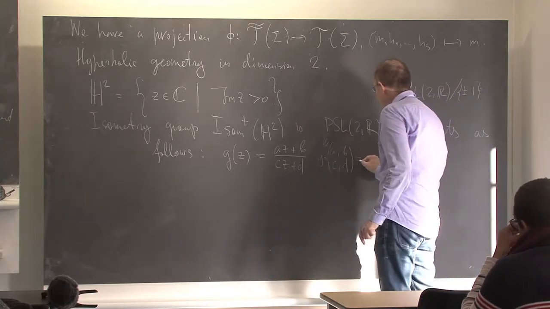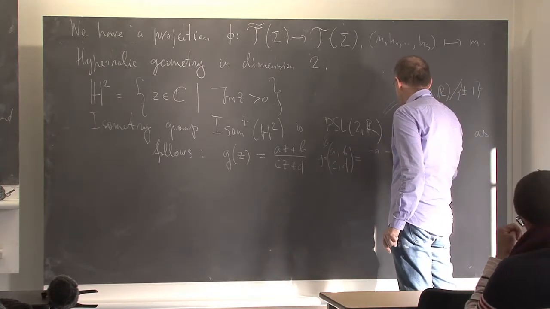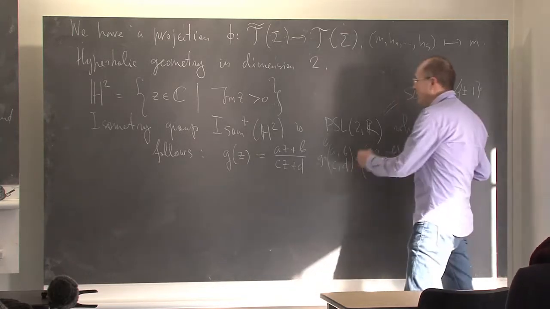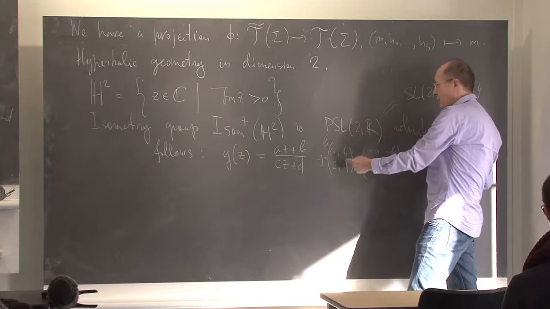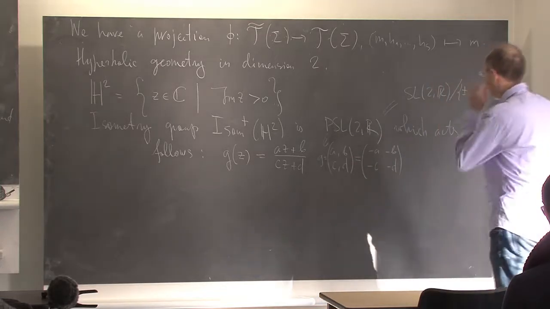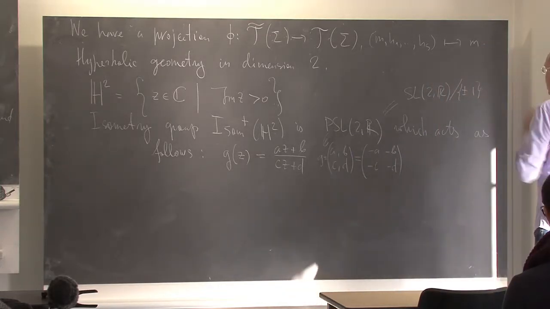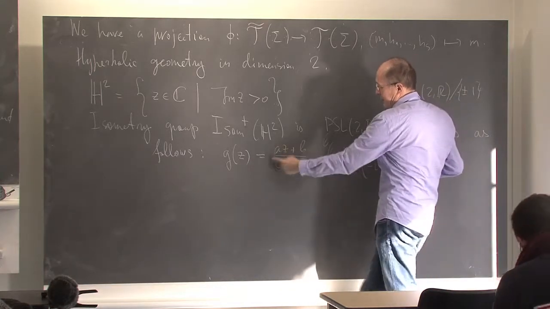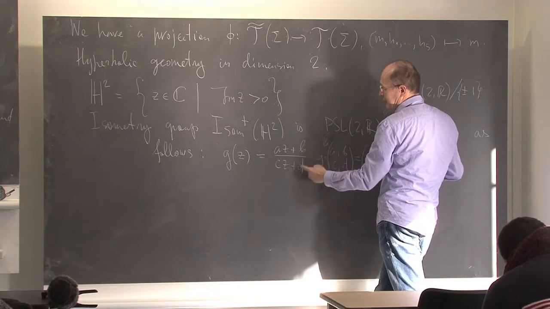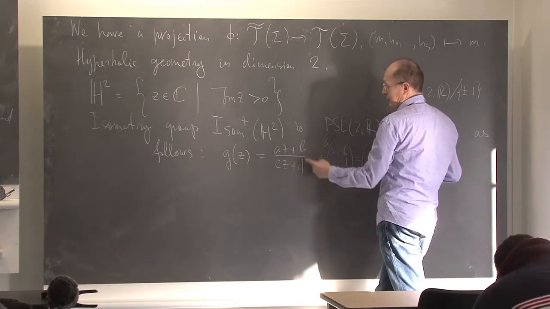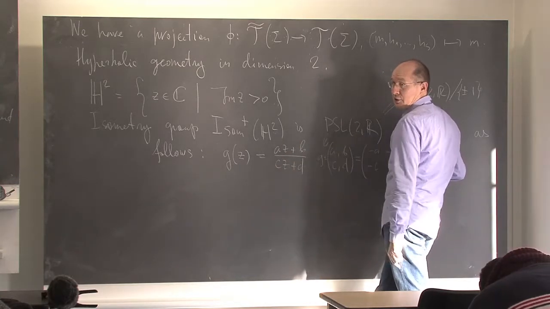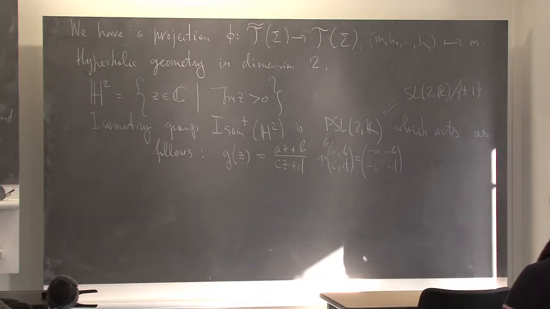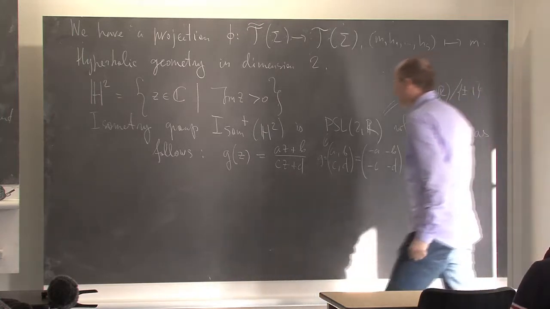If we write minus a, minus b, minus c, minus d, it is the same element in that group. In this action, if you change simultaneously the signs of all 4 elements, the fraction doesn't change. So we really have an action of the PSL2R group. That's an isometry group.